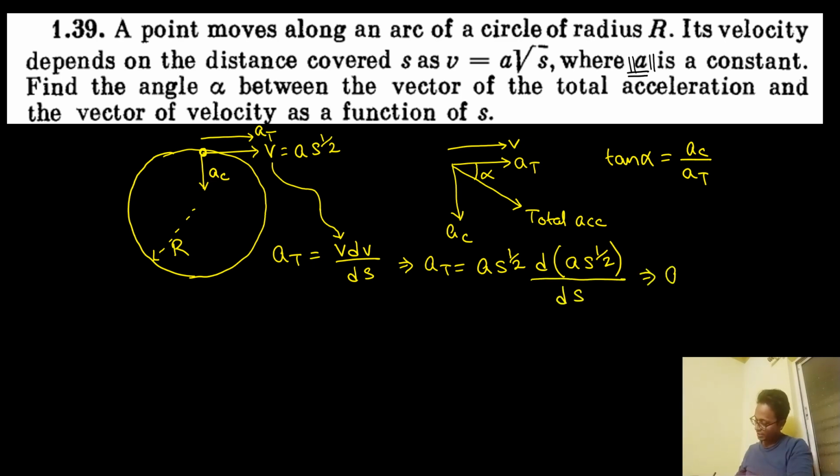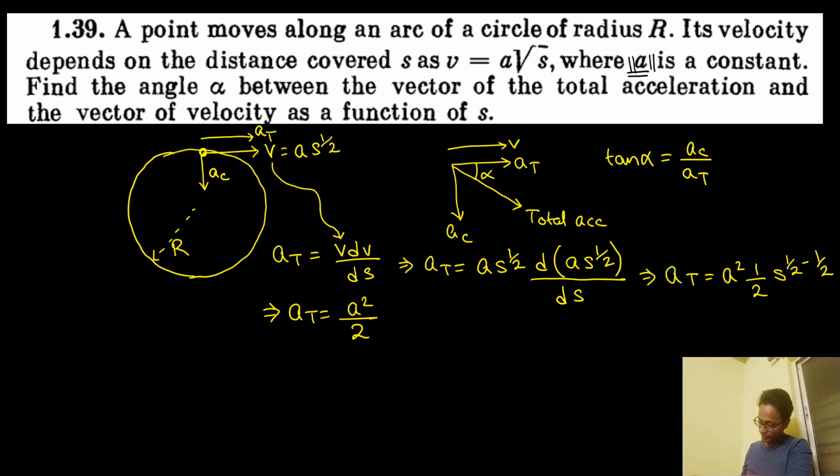Or here, I'd get the value of tangential acceleration as a square by 2 into s to the power plus 1 by 2 minus 1 by 2. Solve this and we'll get a square by 2. So the value of tangential acceleration is equal to a square by 2, where a is a constant.